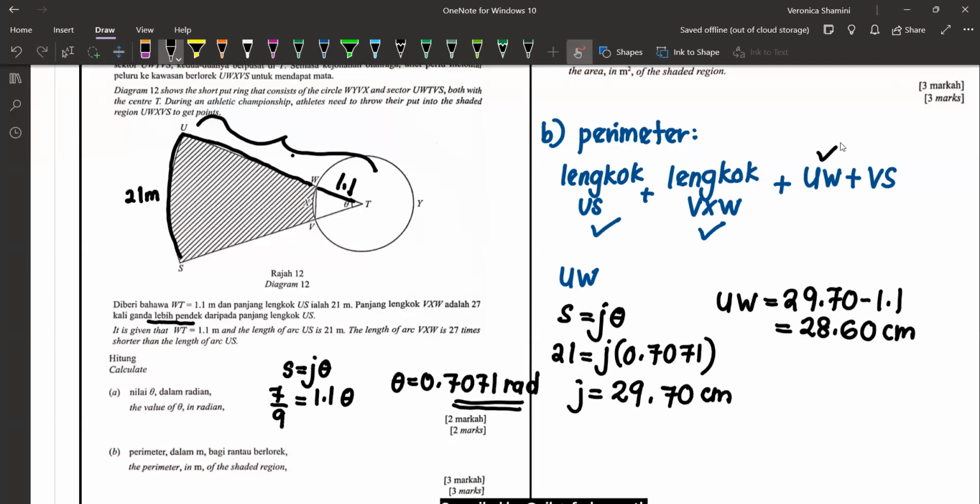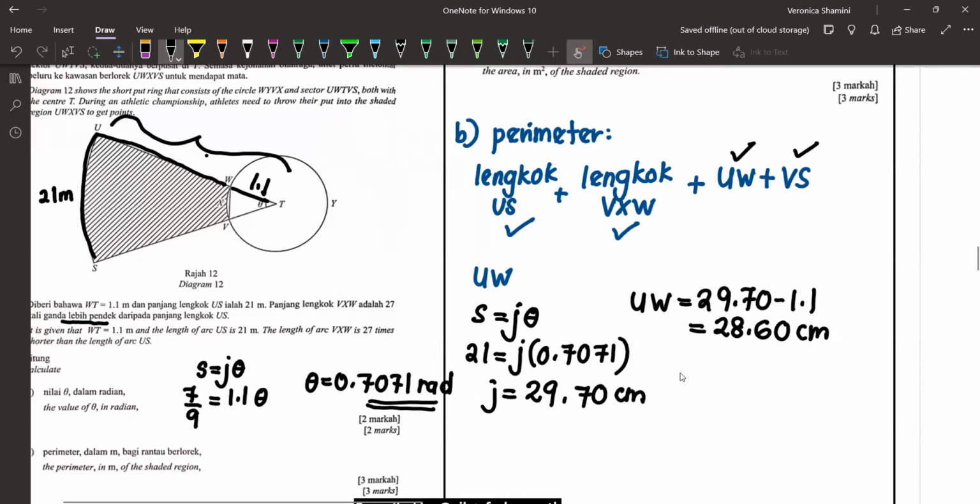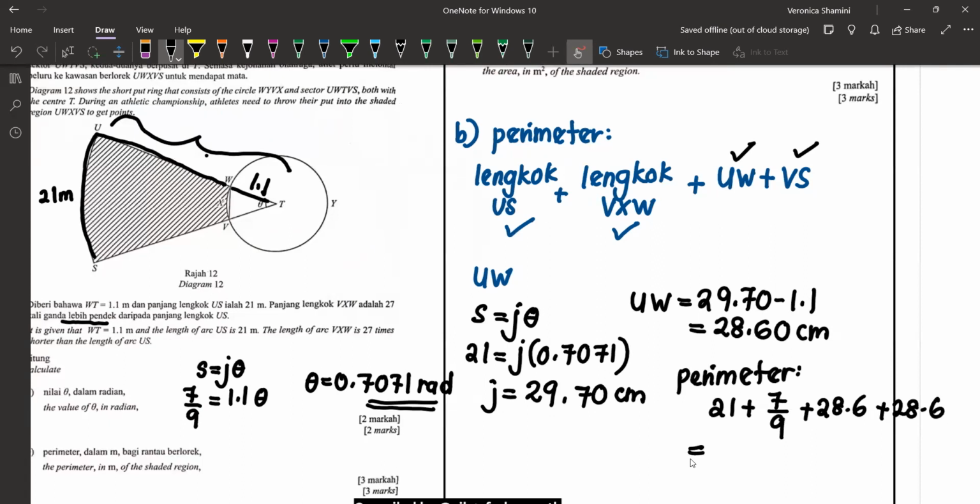So UW pun 28.6, VS pun 28.6, betul tak? Okay, so sekarang kita cari perimeter of the shaded. Okay, US was 21, lengkuk just now was 7/9. Okay, then 28.6, 28.6.